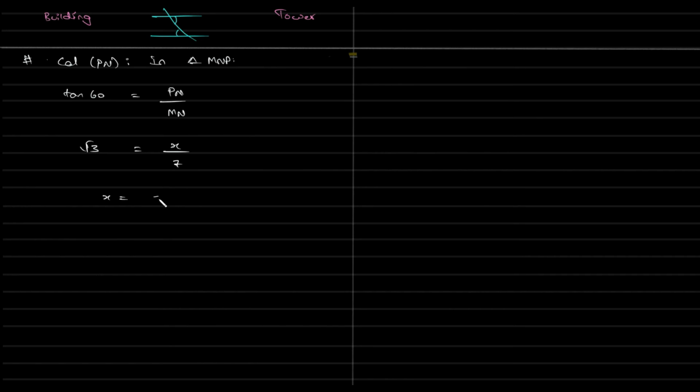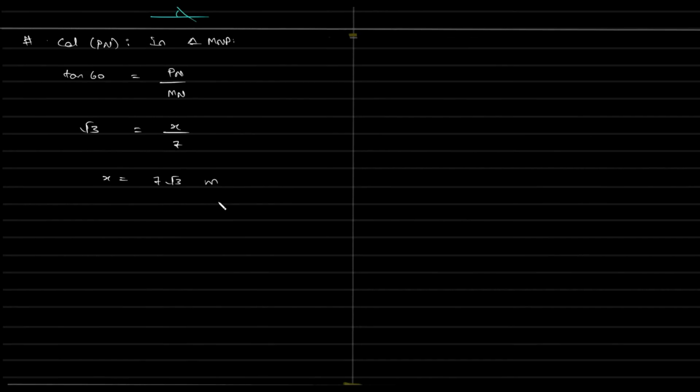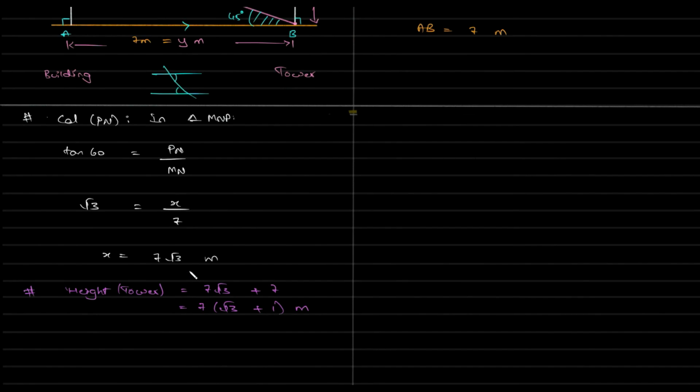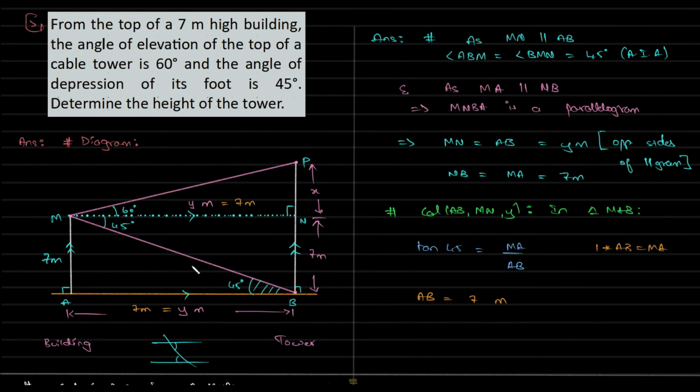So X is equal to 7 root 3 meters. And at last, the height of the tower is equal to 7 root 3 plus 7, that is 7 times root 3 plus 1 meters. Okay, so this is your answer. So now pause and have a look.